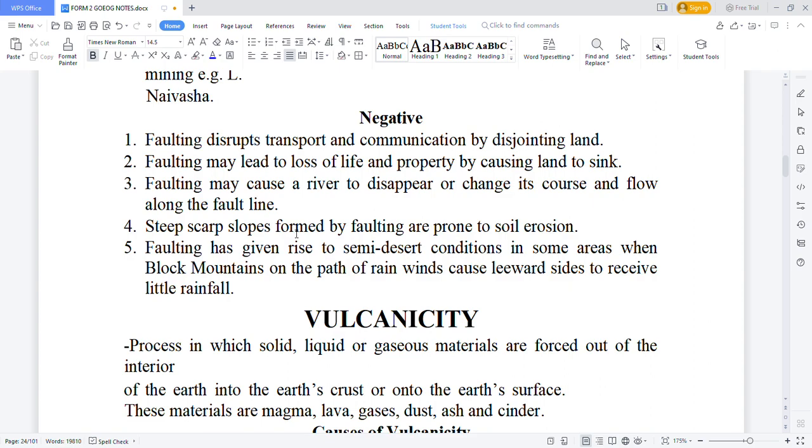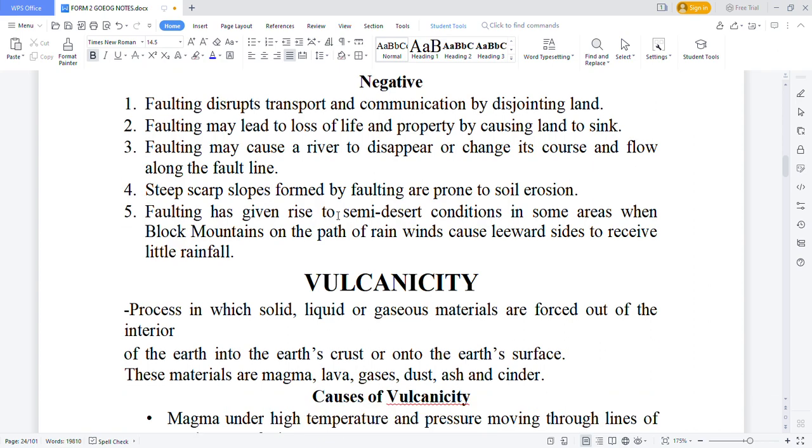Faulting may lead to loss of life and property by causing land to slide. Number 3. Faulting may cause a river to disappear or change its course and flow along the fault line.